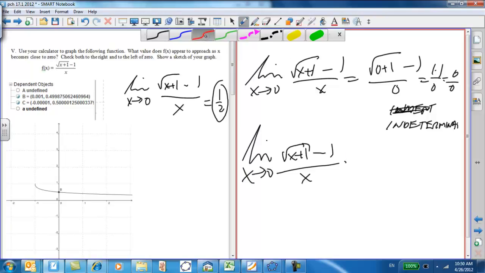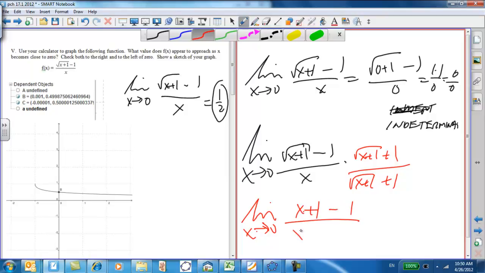But we're going to put a little trick in here called multiplying by the conjugate of the numerator, and you get the limit as x goes to 0 of x plus 1 minus 1, over x, times all that stuff. This becomes the limit as x goes to 0 of x all over x times all that junk.